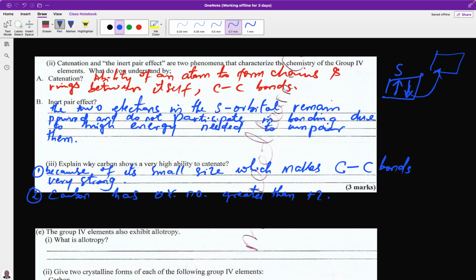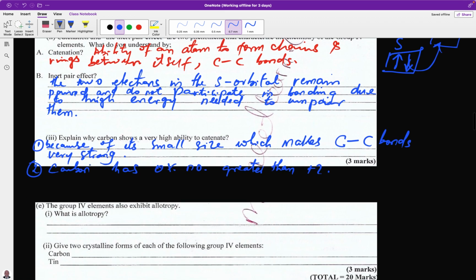Why does carbon show a high ability to catenate? Because of its small size, which makes the carbon-carbon bond very strong, and because it has an oxidation number which is greater than +2.